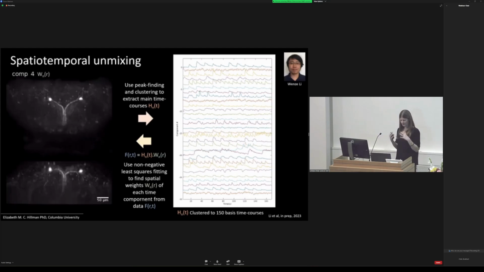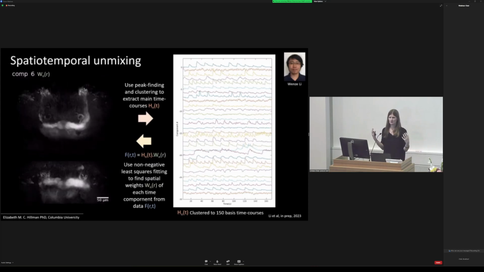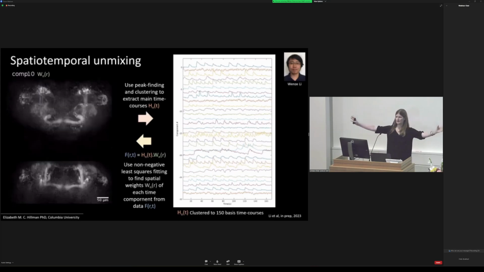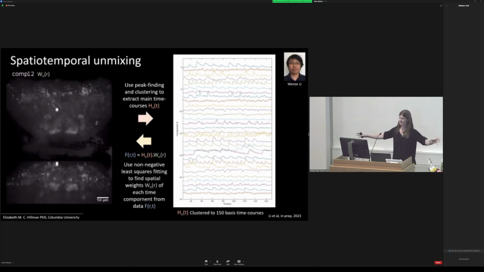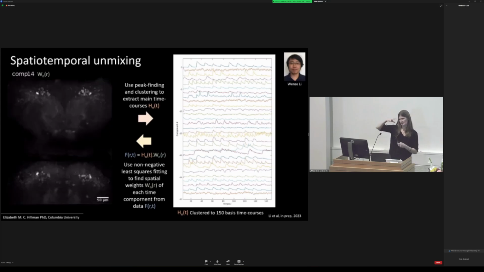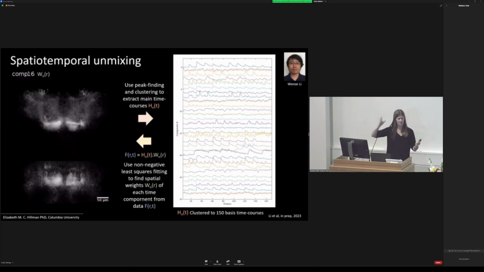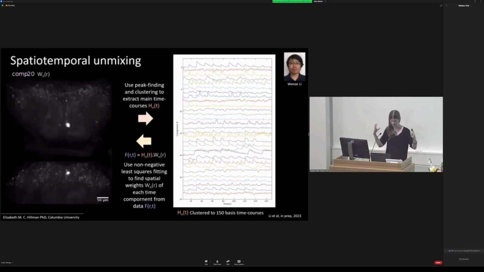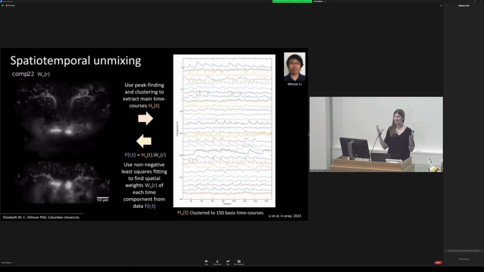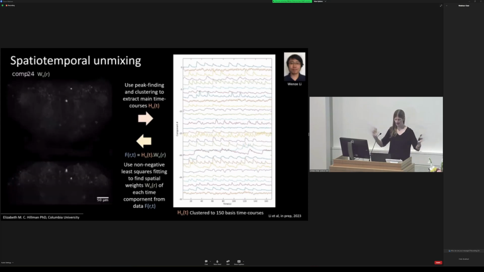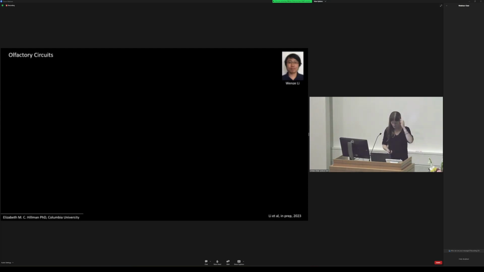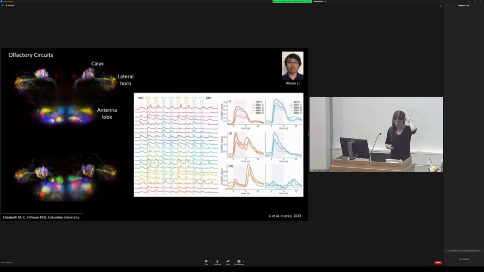So that fuzzy, junky-looking image I showed you in the beginning turns into this: a whole sequence of networks throughout the brain, isolated from that data based on the fact that they each have a different temporal property. It's organized in these different interconnected structures.